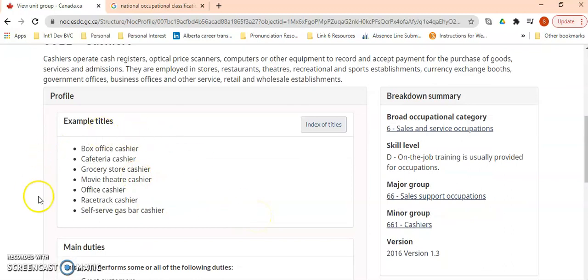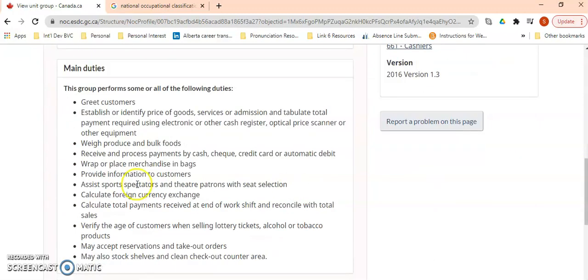Okay, so there are also different example titles. So this can also help you search for jobs as a cashier, or it can help you define the experience you've had in the past if you worked as a cashier. Here's the heart of the matter. What did you do, or what will you do if you get a position as a cashier?